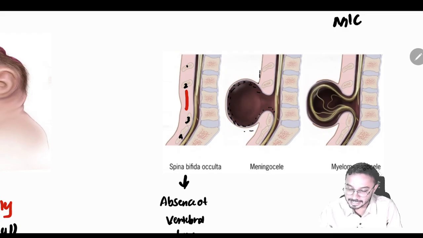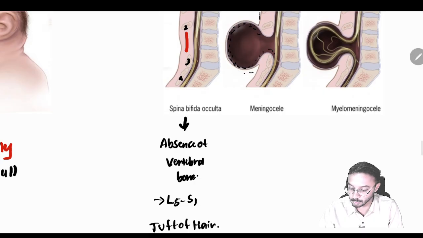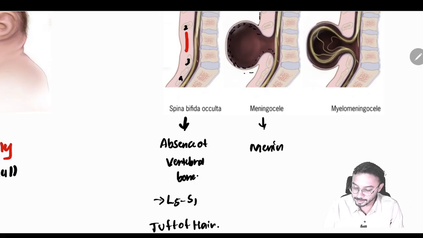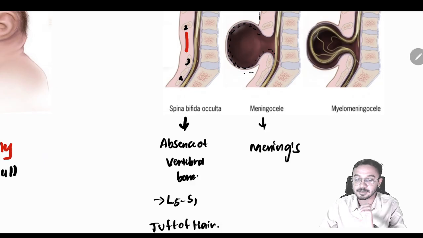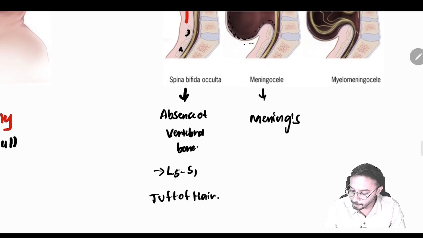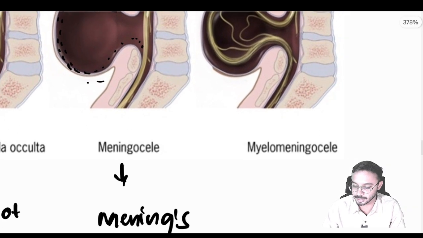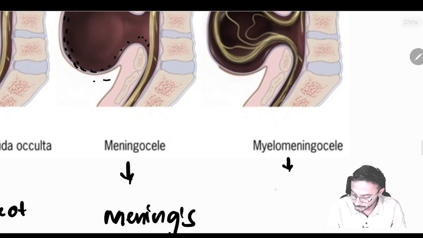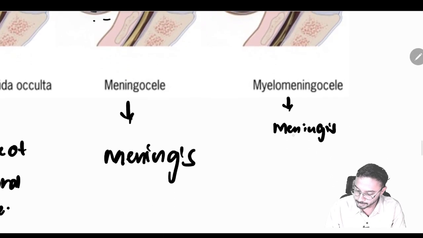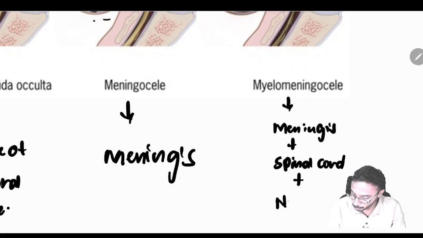This is known as a sac, and that is known as meningocele. Only the meninges are coming into that sac or cyst, so that is known as meningocele. And myelomeningocele, look at the diagram over here. Along with the meninges, you will find the spinal cord and some neural elements also.